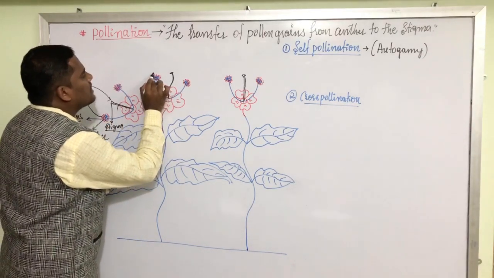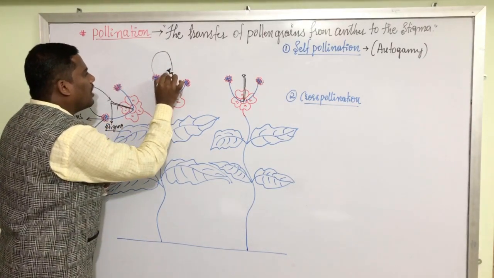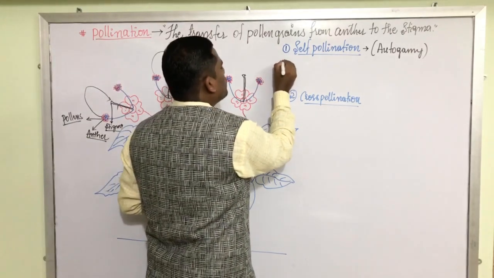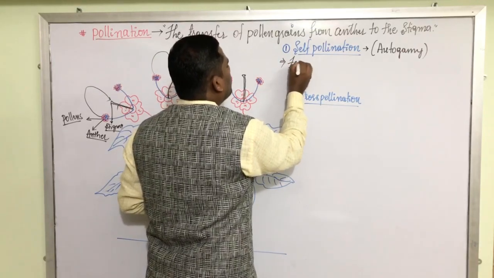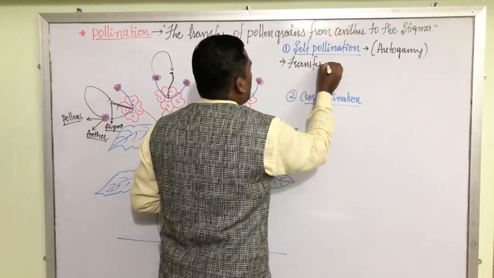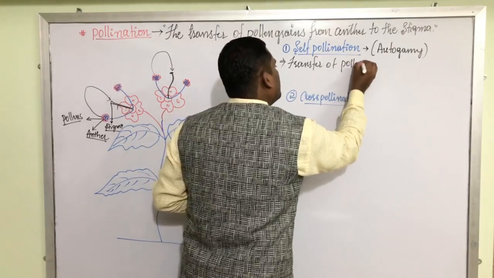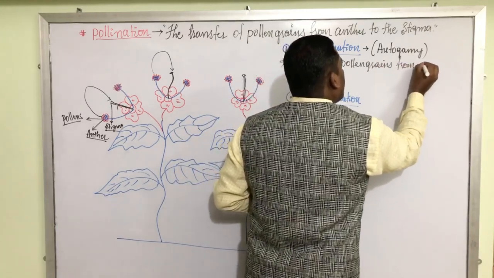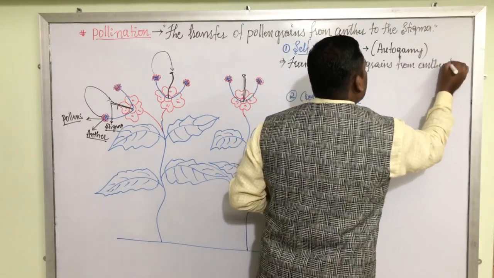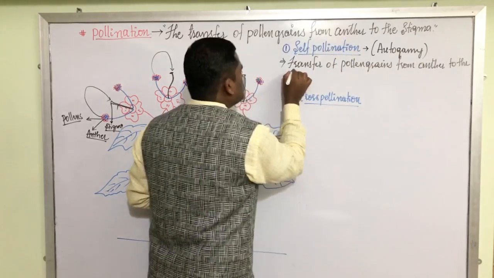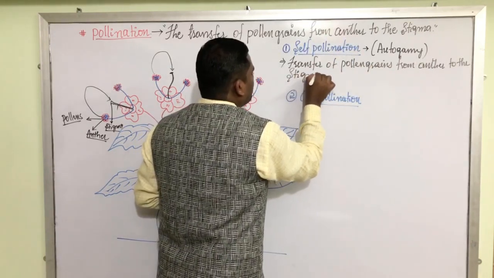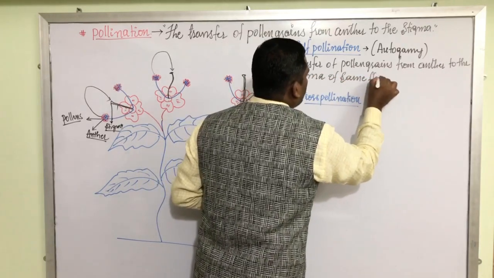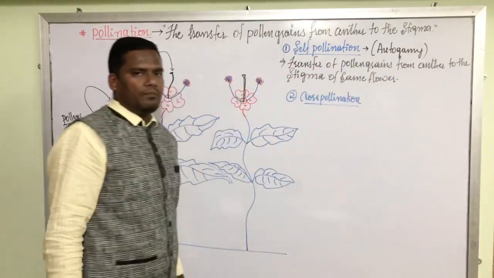Transfer of pollen grains from anther to the stigma of same flower. It is called self-pollination.